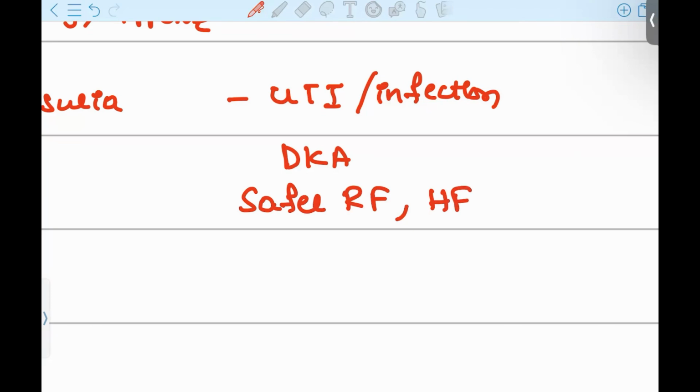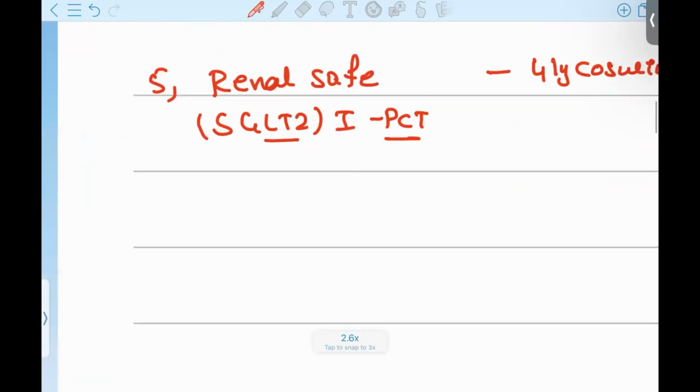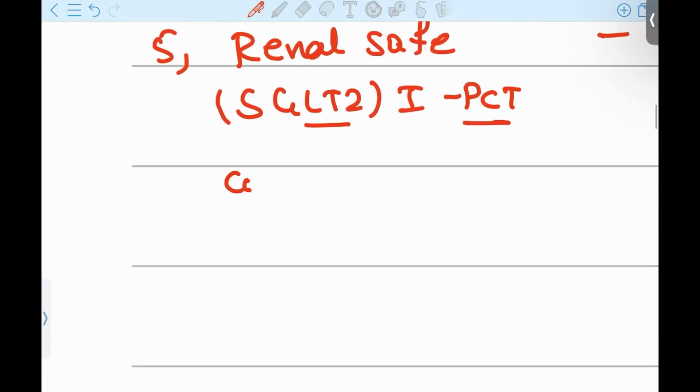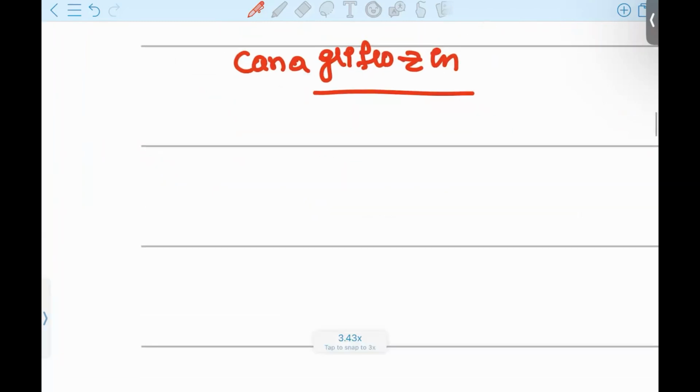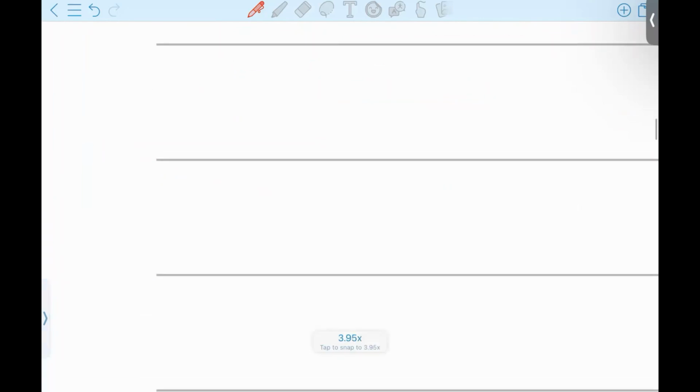This can also cause weight loss in the patients. Okay, this is your SGLT2 drugs. The examples are your canagliflozin. Okay, the drugs ending with gliflozin are your SGLT2 inhibitors.